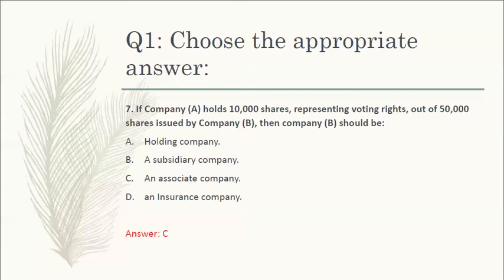The result here is C. So, in case company A holds 10,000 shares representing voting rights out of 50,000 shares that were issued by company B, then company B will be an associate company.